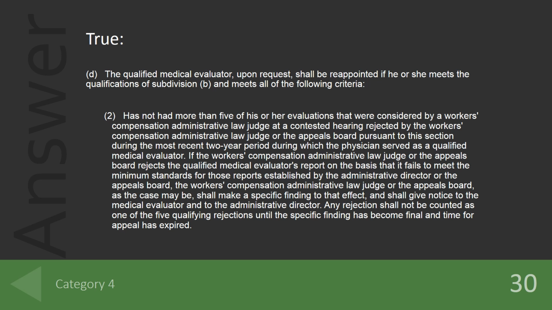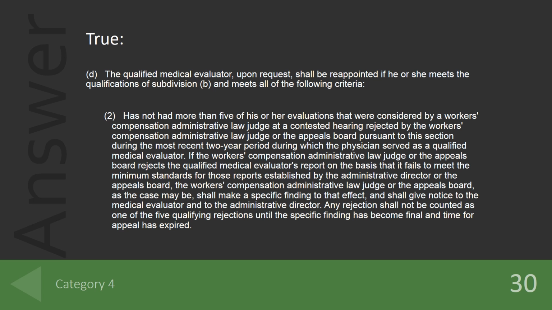Now, I'm in wholehearted agreement with this section of Labor Code 139.2 because in my entire career, since 1995, over 20 years of doing QME reports, as far as I know, I've never had a single report rejected. Not one single report.